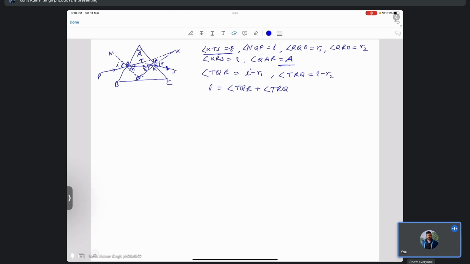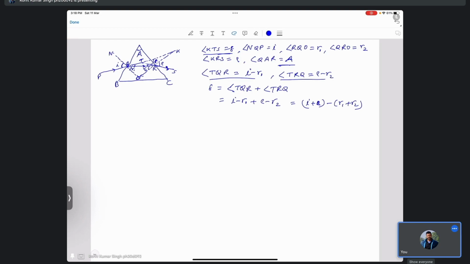Because this is an exterior angle of this triangle TQR, so it will be equal to both these angles. Fine. So I minus R1 plus E minus R2, right? We can write it like this, I plus E minus R1 plus R2. Fine.